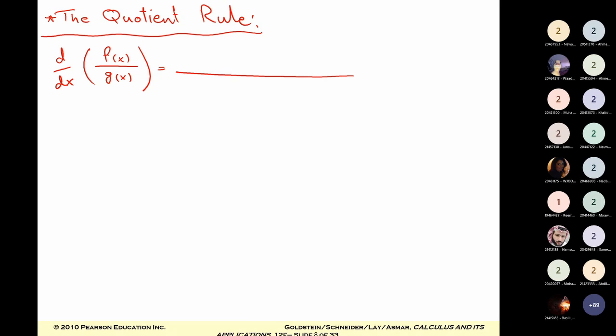To find the derivative of f over g, we need to find the derivative of the numerator multiplied by the denominator, minus f of x as it is, multiplied by the derivative of the denominator, over the denominator squared. This is the rule for the quotient. Okay.